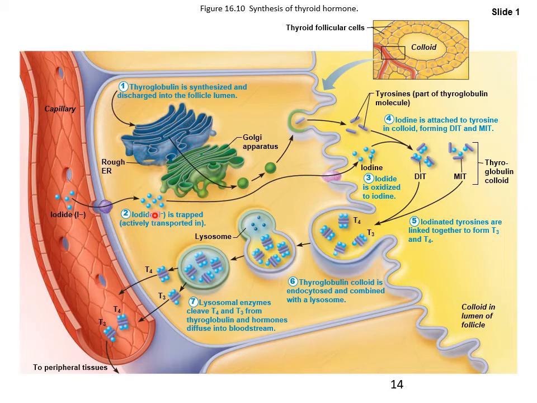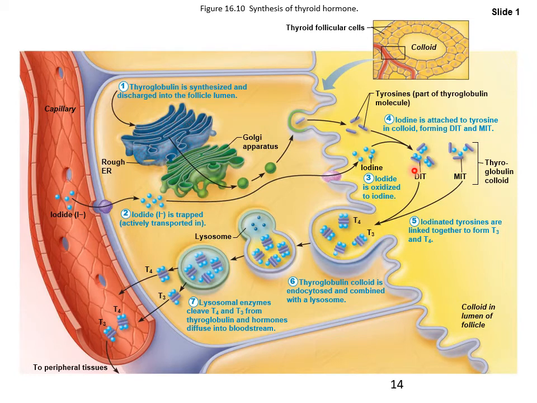And then iodine comes in. Iodine is trapped, actively transported in, and then it's oxidized into iodine. And then your iodine is attached to tyrosine that's included in the colloid. And that's going to form two different things. One of them is called diiodotyrosine, and that has two iodines, and then you have monoiodotyrosine, and that has one iodine.